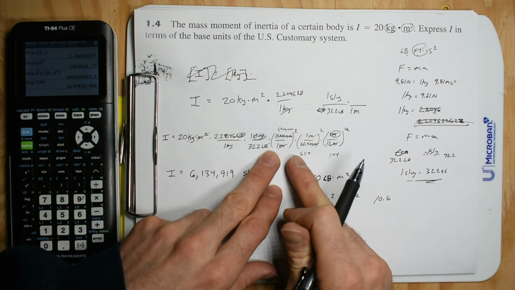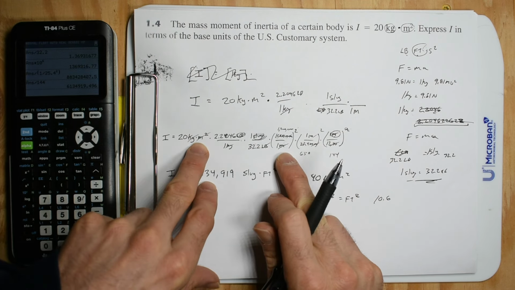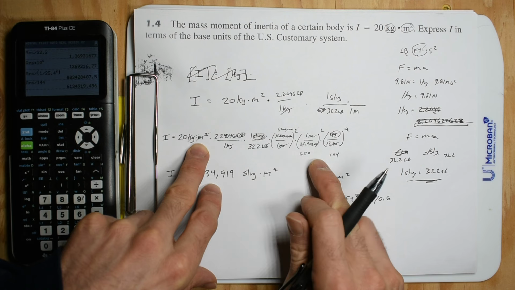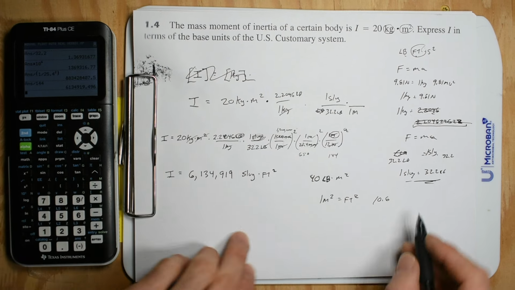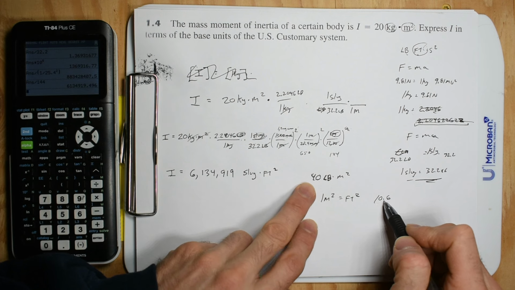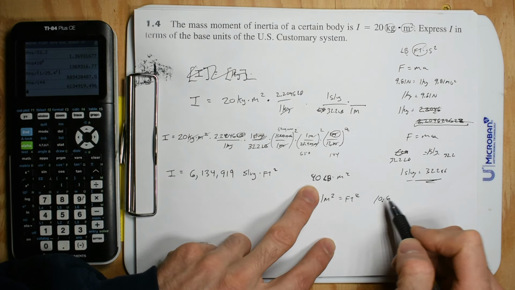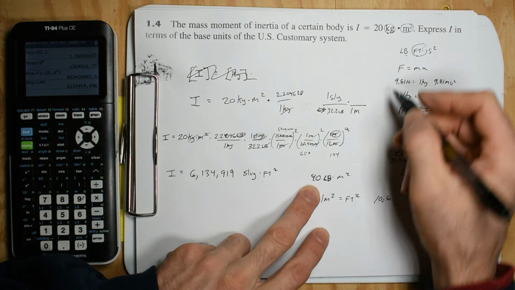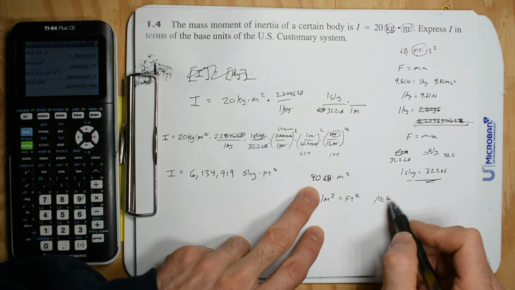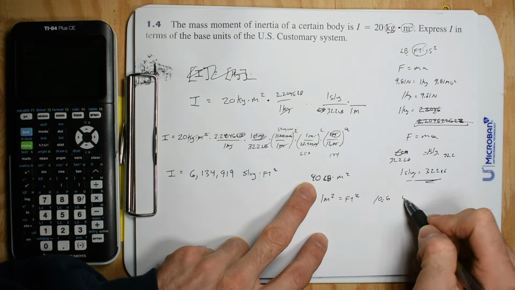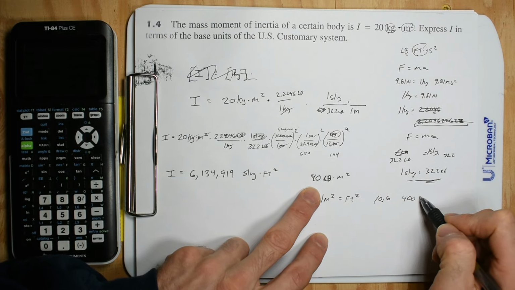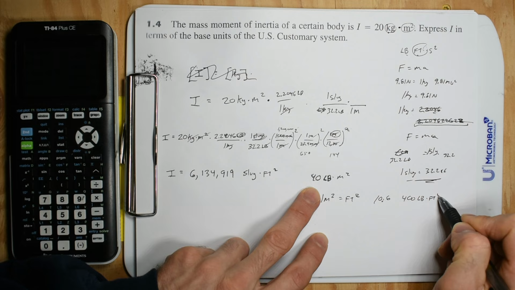Yeah, where did I get off on this one? Oh, okay, but no, we're on a roll now. No, we're still good. So then we would have 400 pounds feet squared.